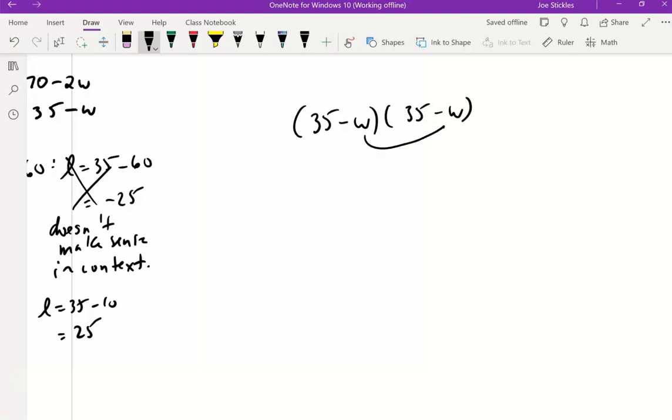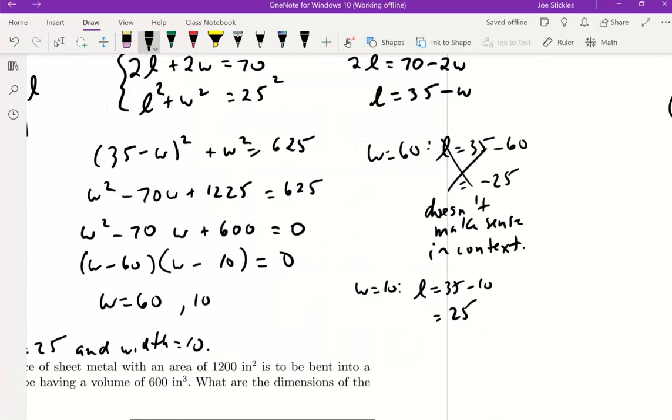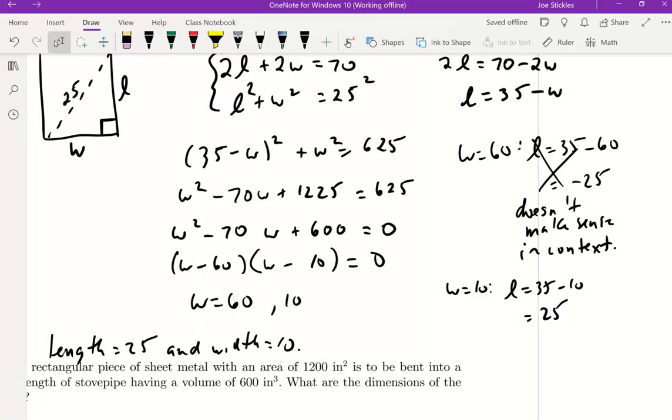So here's where the w squared came from, multiplying those two pieces together. And then your 70 will come from that one and those getting multiplied together. Any other questions on the process on that one?